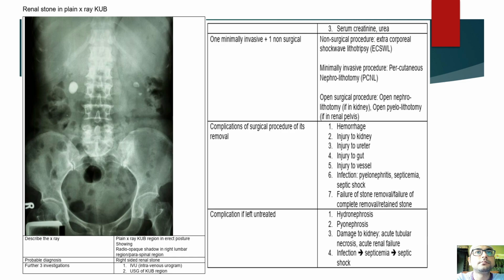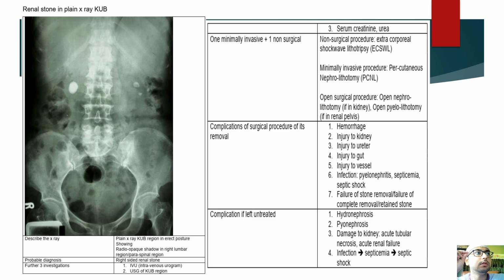That's why hemorrhage is a very common complication. Others are injury to the kidney tissues, injury to the ureter, injury to the gut and vessels, infection, pyelonephritis, septicemia, septic shock, and failure of stone removal, because sometimes we go through the region but cannot find the stone in time.